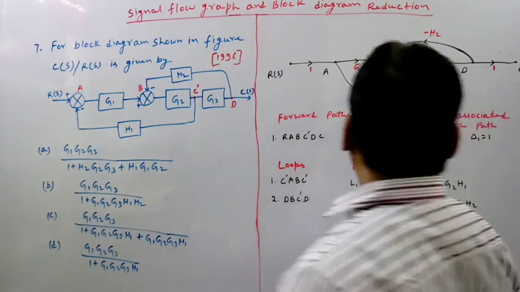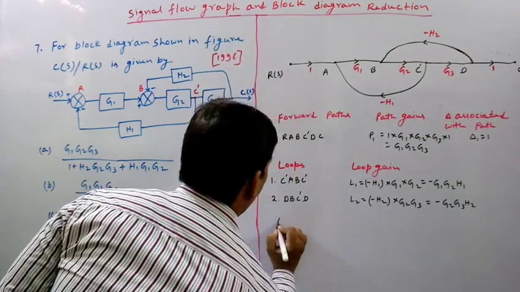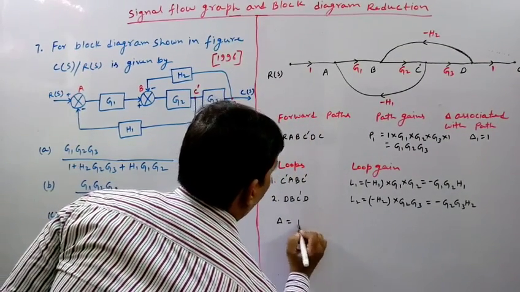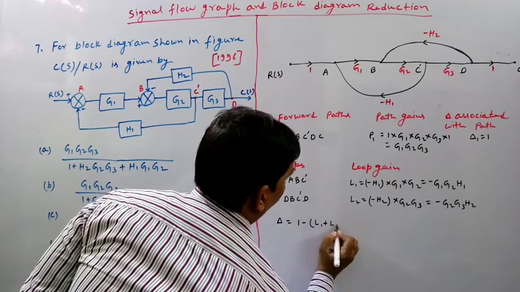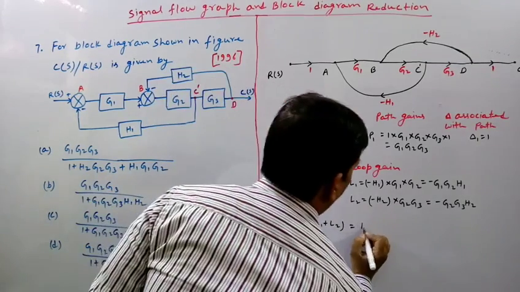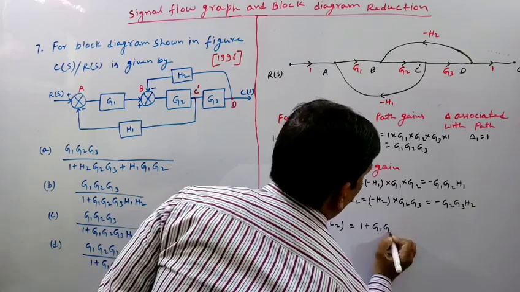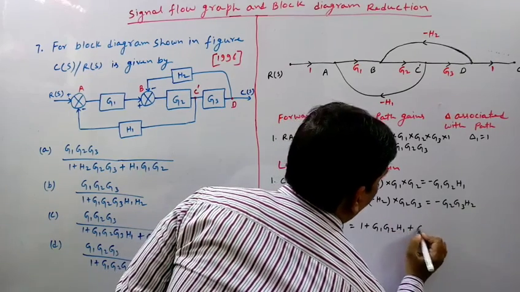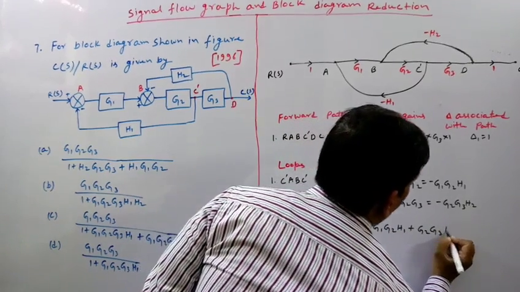Now what will be the delta? Delta for this system will be 1 minus (L1 plus L2). So it will be nothing but 1 plus G1 G2 H1 plus G2 G3 H2.